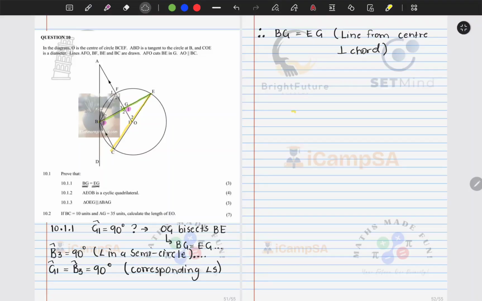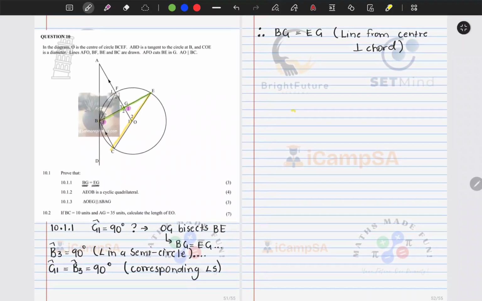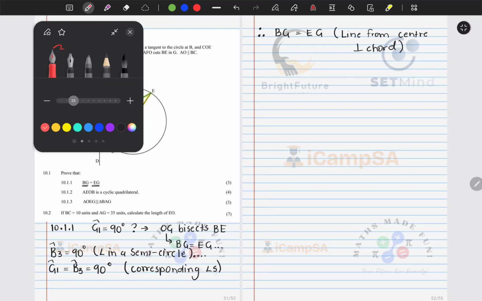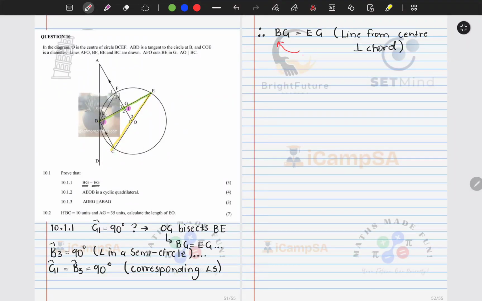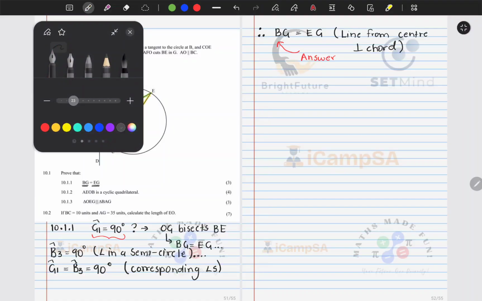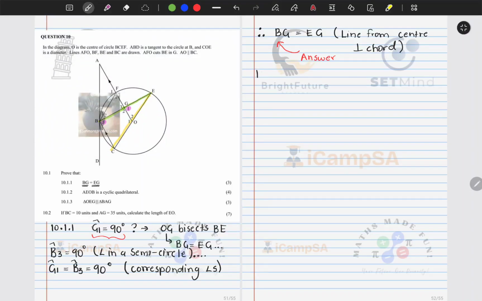And if you remember, then the converse would then say that if the line from the center is perpendicular to the chord, it bisects the chord. So that is the rationale which we are using here. So that there would be sufficient. You would get all the marks. And really the idea is you are supposed to recognize this. Okay. So let's go for the next question, which is 10.1.2.